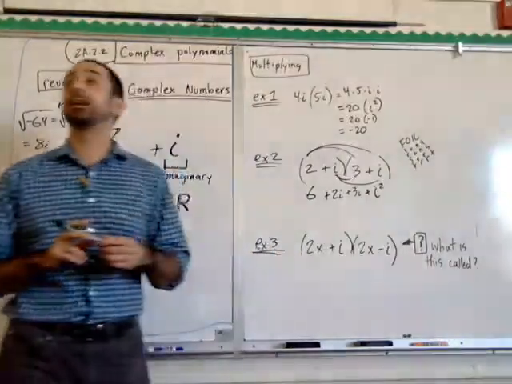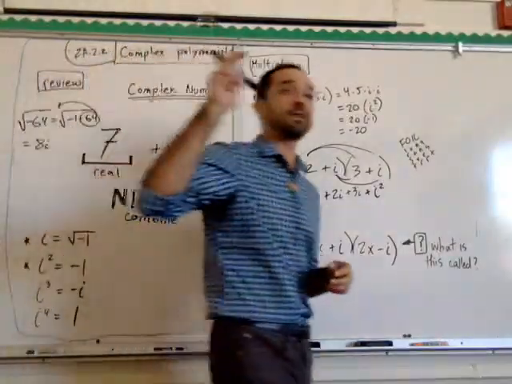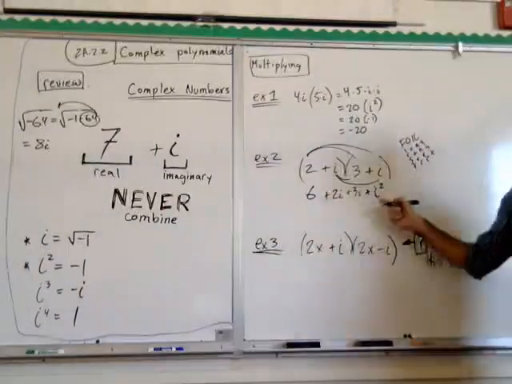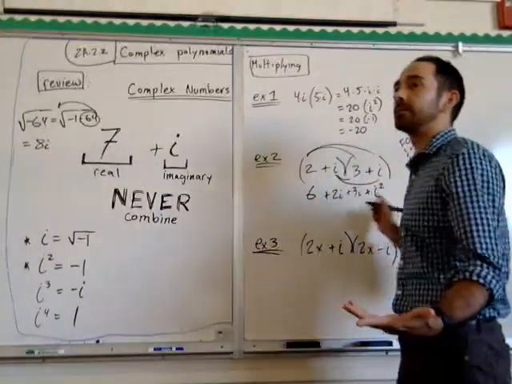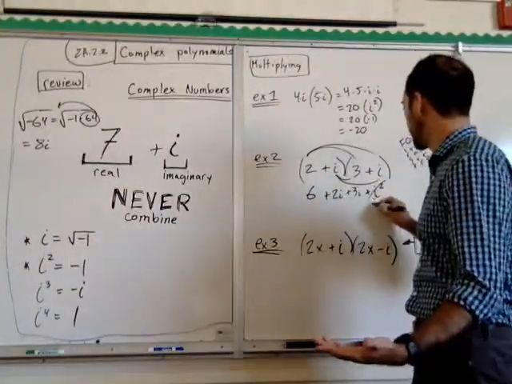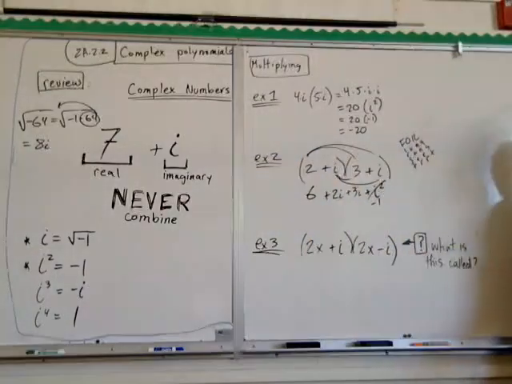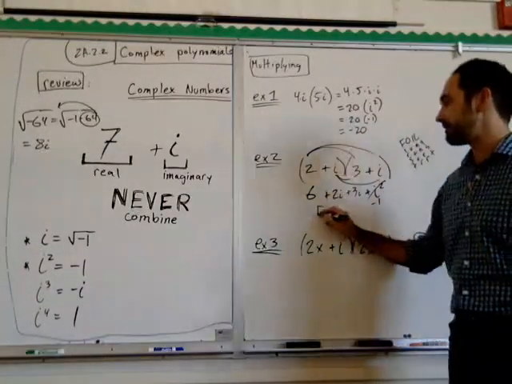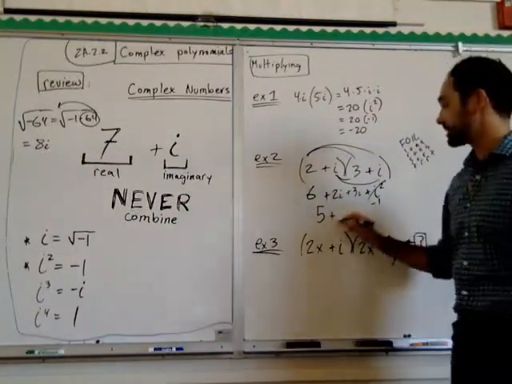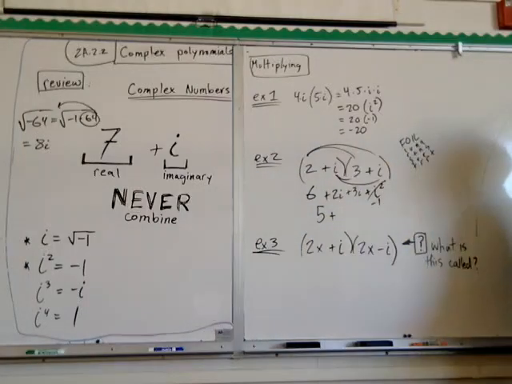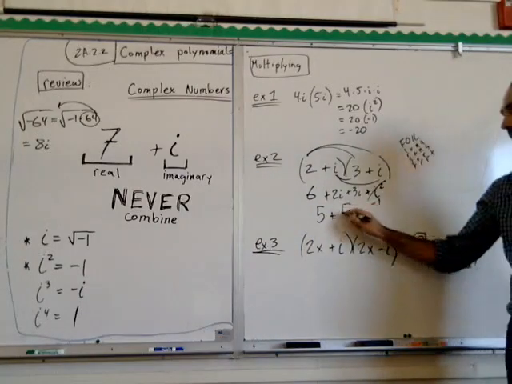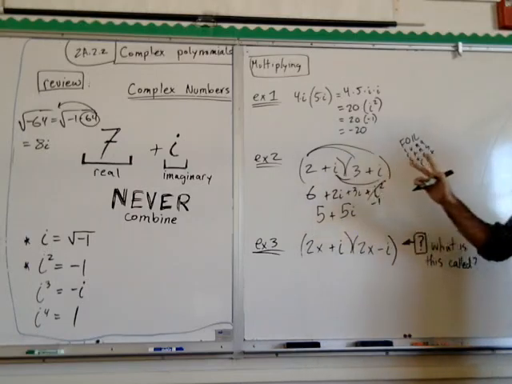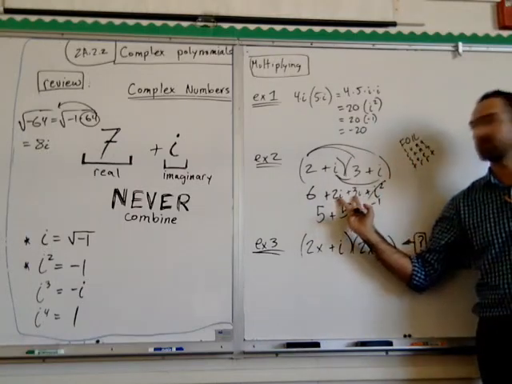All right, hold up. We have i squared. i squared is equal to what? -1. So I'm going to end up with 6 and a -1. This is really -1. 6 and -1, 5. That's our real part. Plus 2i plus 3i. So remember, when we're adding them, it's just like this was 2x and 3x.